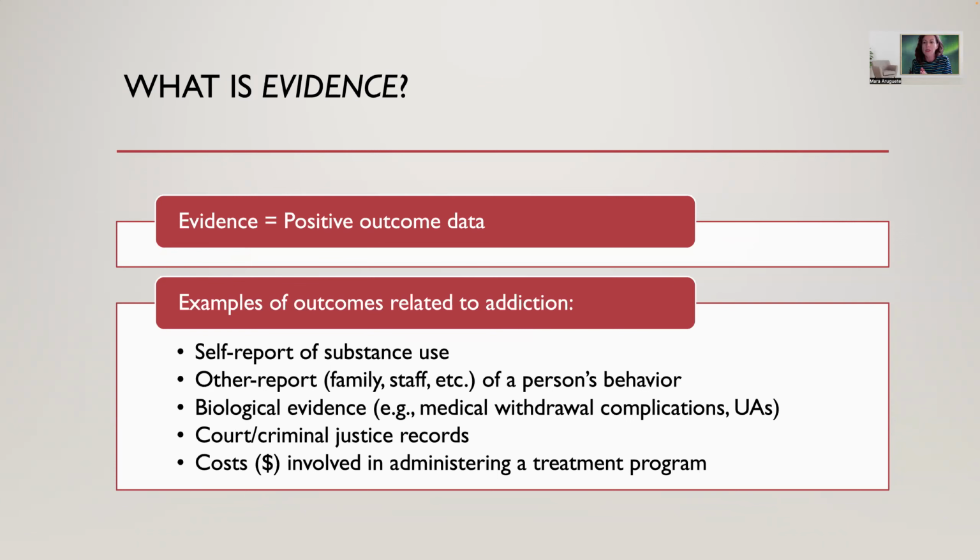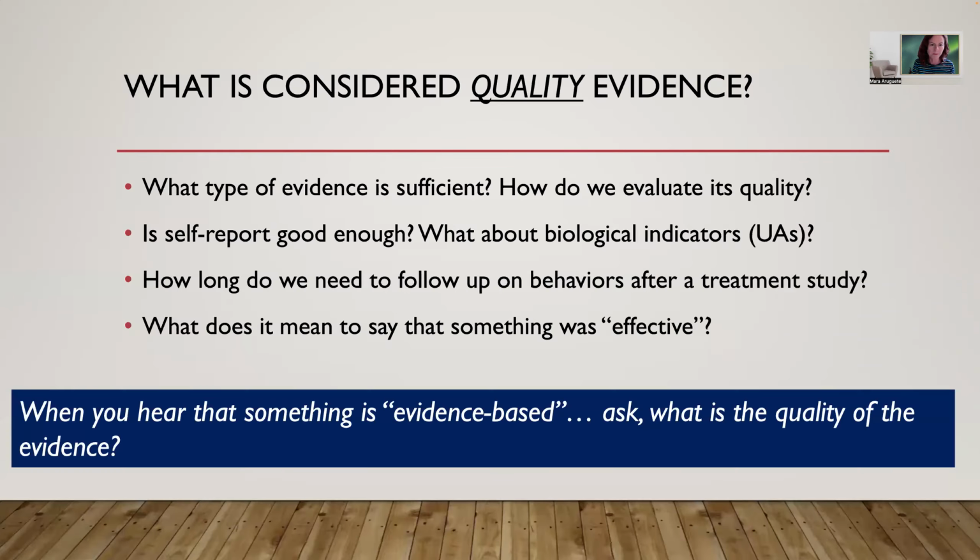We can use things like urine analysis or medical withdrawal complications to see if the person is using drugs, how much they're using drugs. Court, criminal justice records, how many arrests have there been? Medical records also, like deaths, opioid-related deaths and things like that. Also, you may be looking for other kinds of outcomes besides substance use, like the costs involved in administering a program. But at any rate, the idea here is evidence is data collected on outcomes.